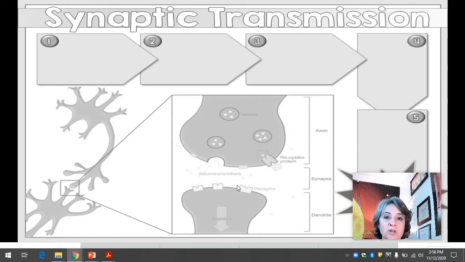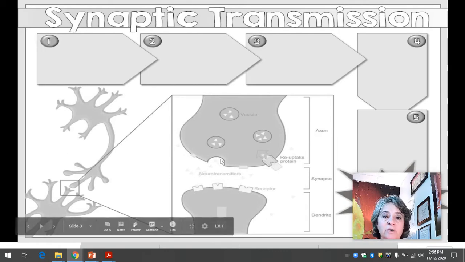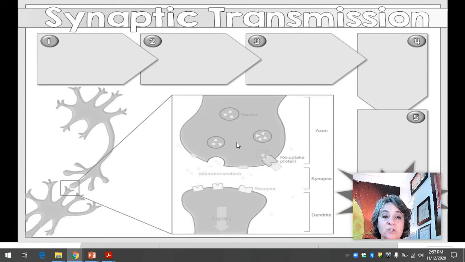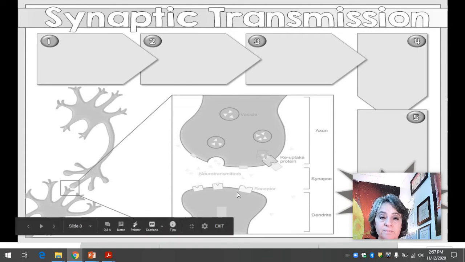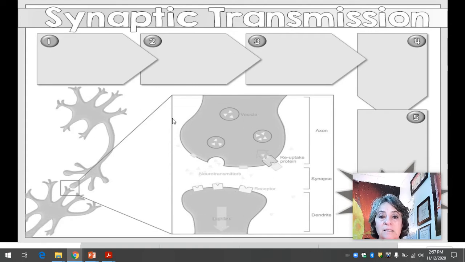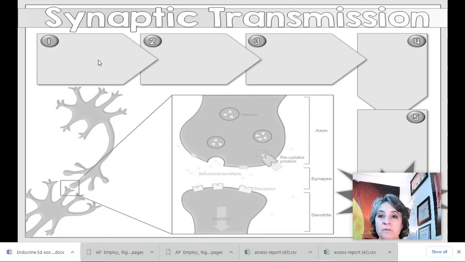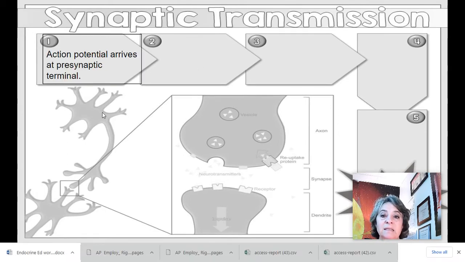So electricity can't jump spaces like that, so it has to convert to a chemical signal, and that's what this process of synaptic transmission is. It's the conversion of electricity to chemicals. So let's look at these steps here as far as how it keeps going. The first thing to happen is the electrical signal. That's what an action potential is. An electrical signal will arrive at this portion of the neuron.